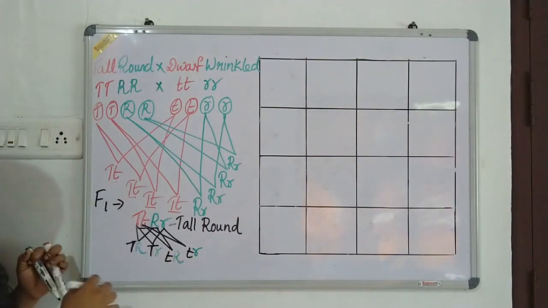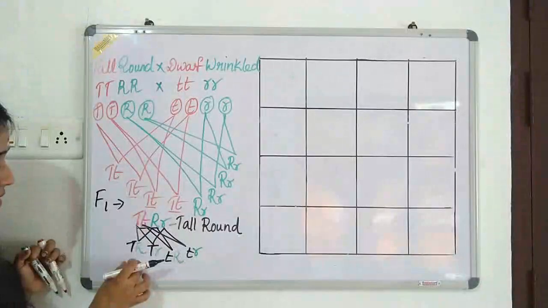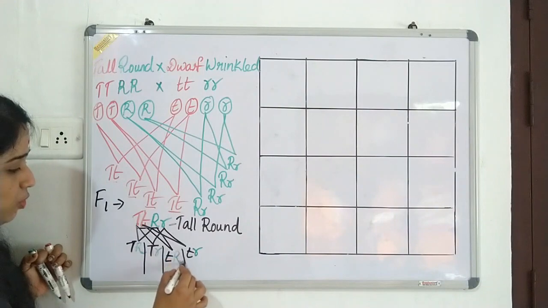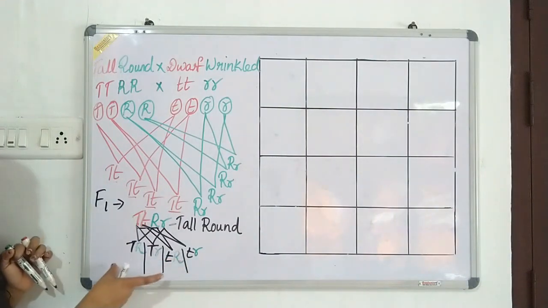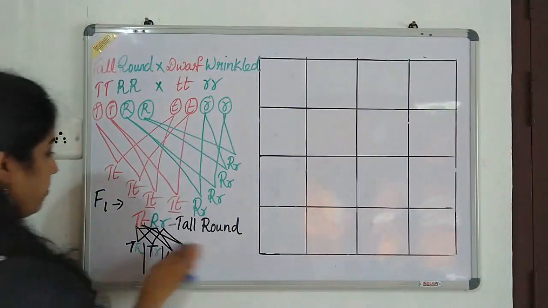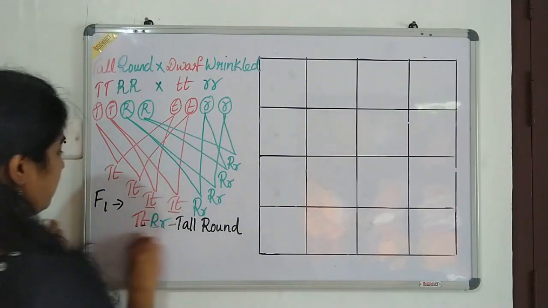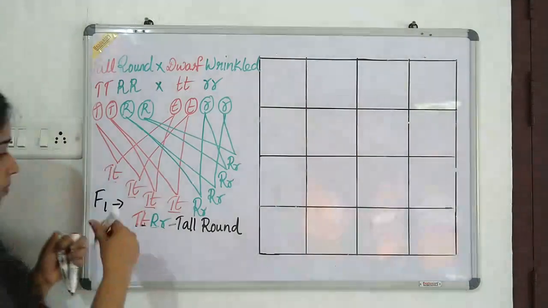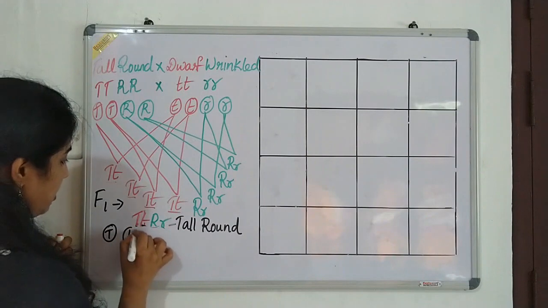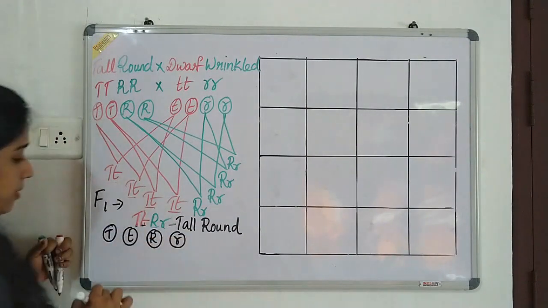Hope it is clear. See, this T combines with this R. So here we want to get what? 4 hybrids. 4 pairs we want to get. We want to separate it into 4 pairs. Once again I will show. We can separate this T, T, R, R. Clear?